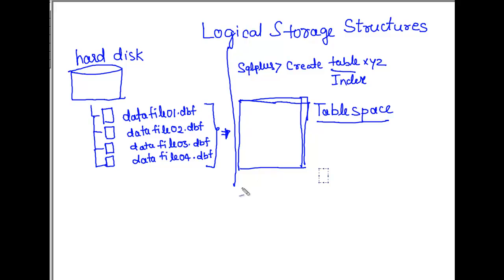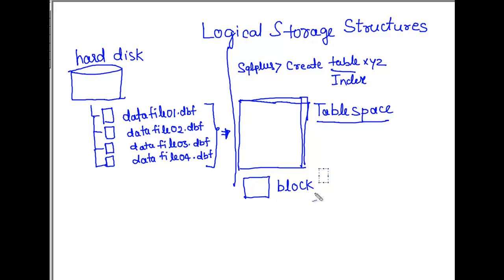Now if you look further, how Oracle organizes its data on the data files is that the smallest unit of information is available in blocks. One small unit is called a block. That's what will be read as an IO unit from hard disk to buffers.